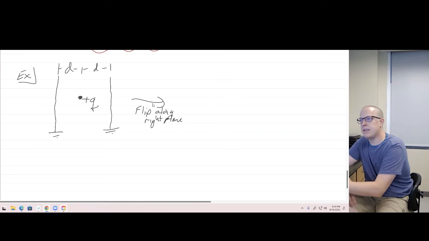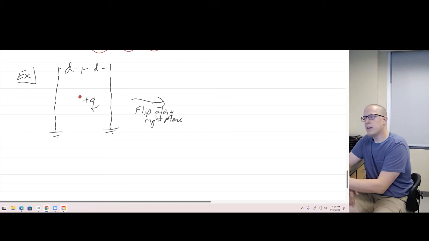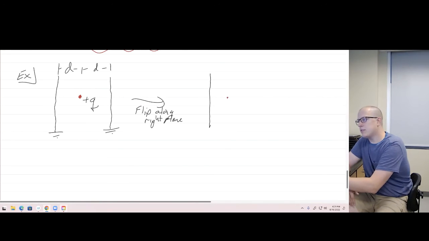And just to make this a little bit more obvious, I'm going to draw this one in red, just so that we know which one is the original charge. So we're going to flip it along the right plane, which means the one on the left is still there. That hasn't changed anything. And we have our plus Q in the middle here.